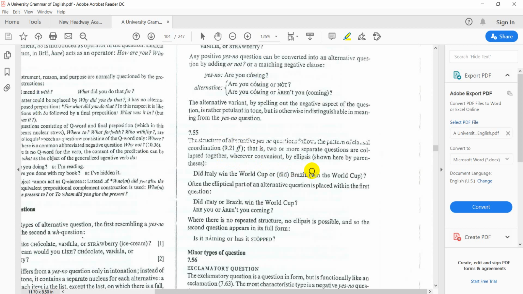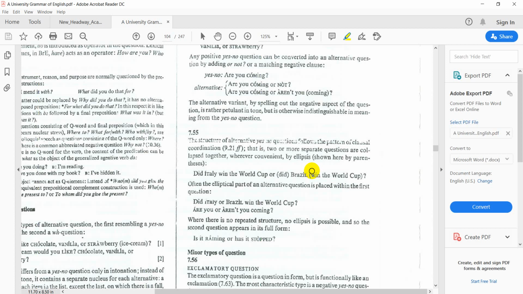The title of this section is Ellipses in Coordinated Clauses: ellipses of subject and auxiliaries. Identical subjects. If I have coordinated clauses with identical subjects, so I have clauses that are combined, linked together, and there are the same subjects between them, then these identical subjects are ellipted.